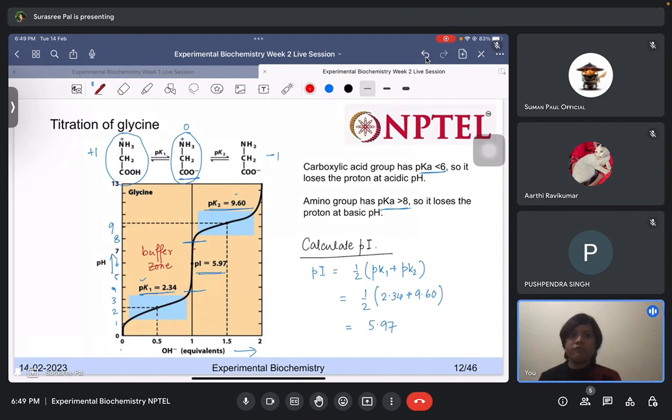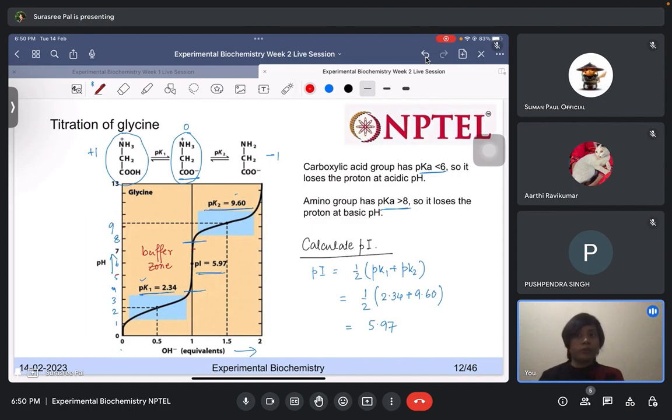If you take glycine and dissolve it in normal water, it will also exist as a zwitterion, because normal water usually has a pH of 7. So glycine will exist as a zwitterion in normal water also.